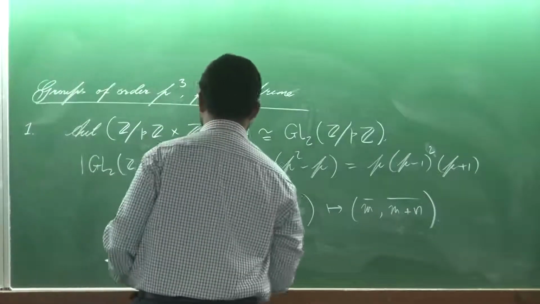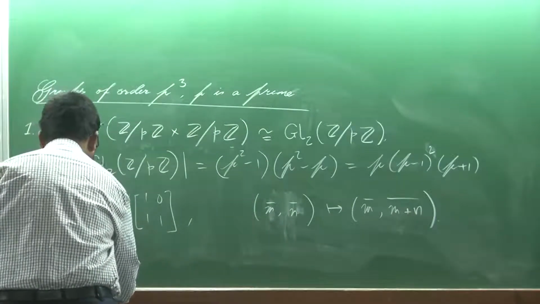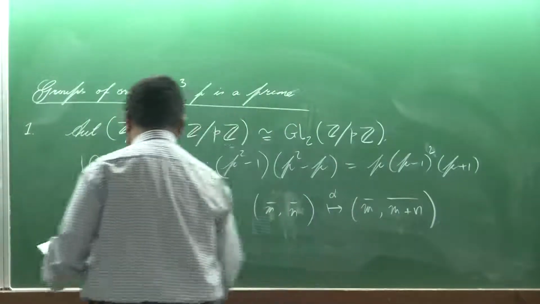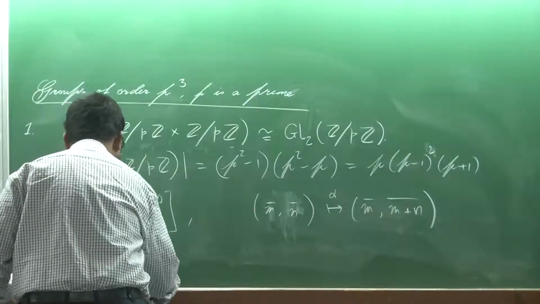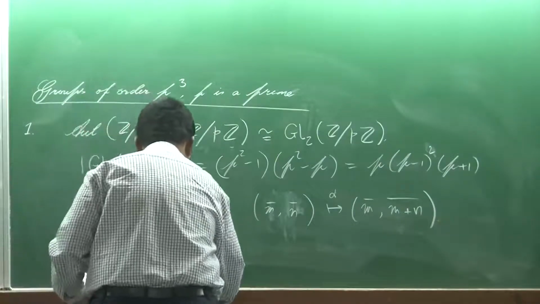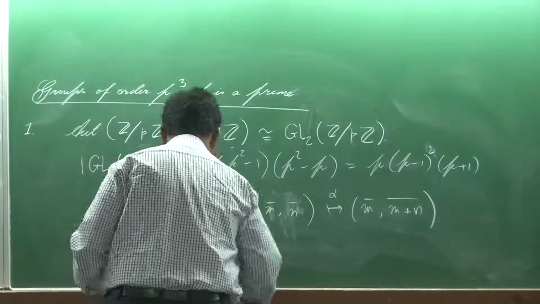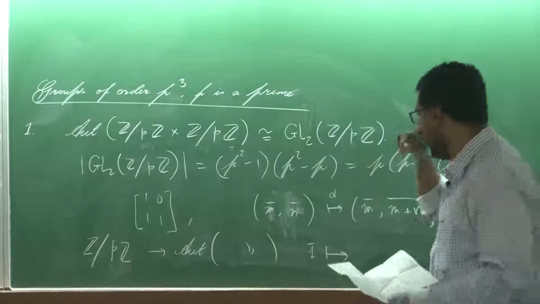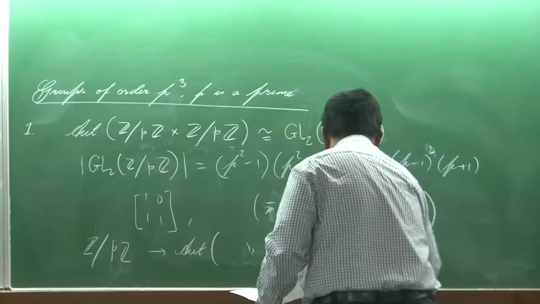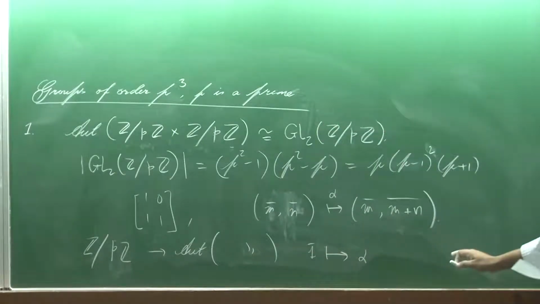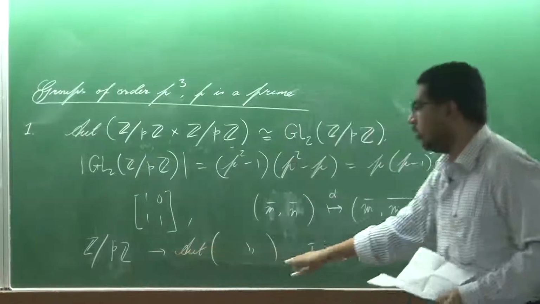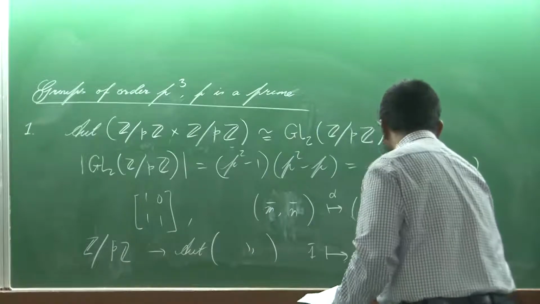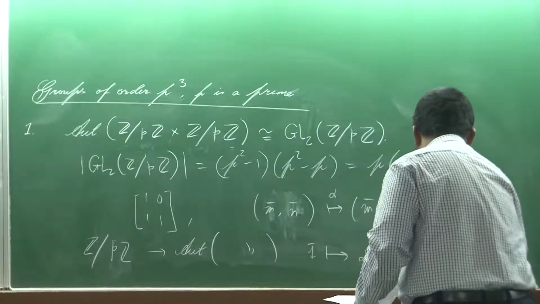Now if we call this automorphism alpha, then mapping the generator of Z modulo Pz to this automorphism gives us a non-trivial homomorphism from this group to this automorphism group, and as a result we obtain a semidirect product.